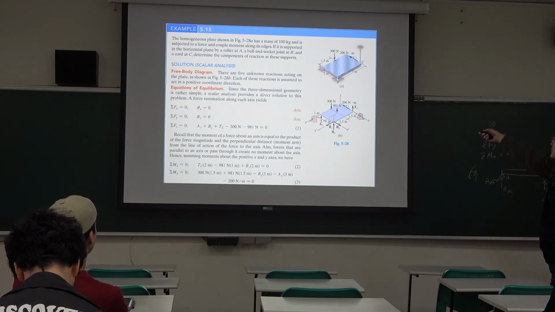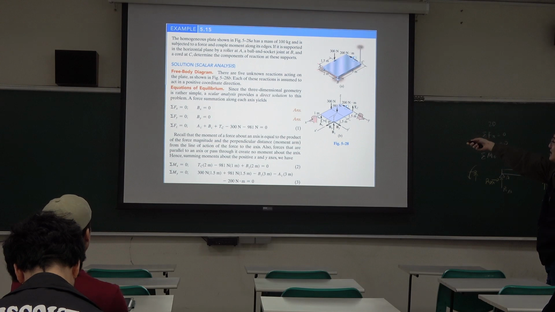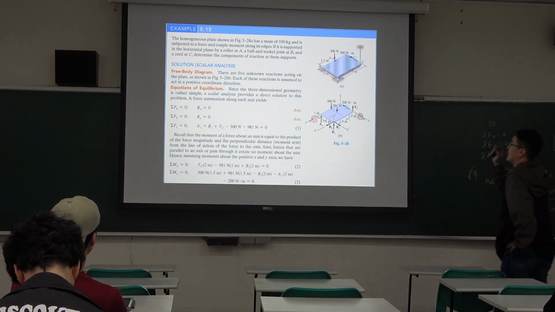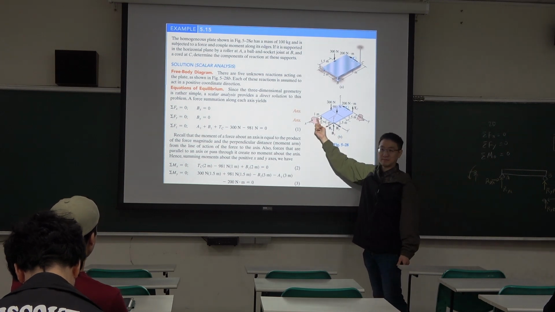Okay, force here, couple moment here, and it is supported in the horizontal plane by a roller at A, ball and socket at B, and cord at C. Determine the components of reaction at these supports. So the roller means only normal force.